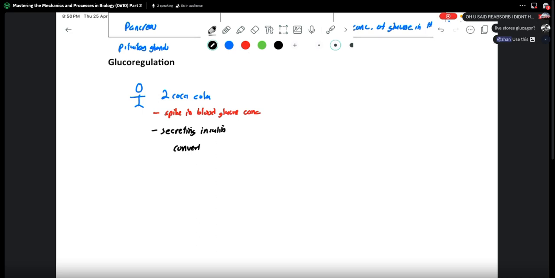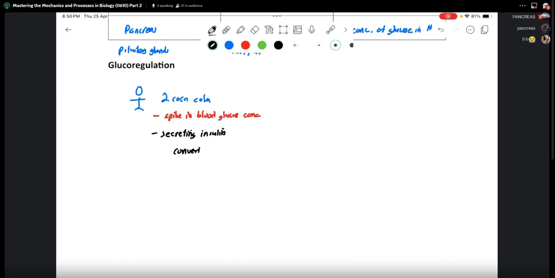Okay, coming back to here. After the glucose has been reabsorbed into our body, the pancreas will begin to detect that high glucose, a spike in the glucose concentration. So they will secrete the insulin.